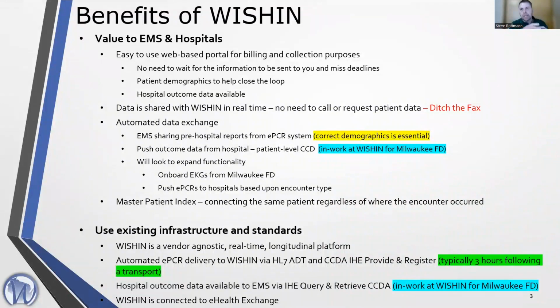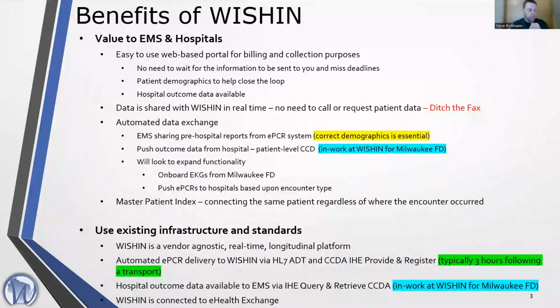That typically happens about 3 hours after the transport, because there's a process we're not privy to, but that is automating. Nobody has to think about sending those EPCRs to Wishin.